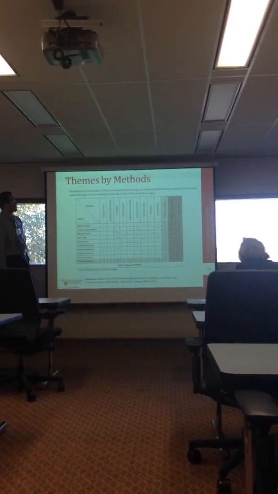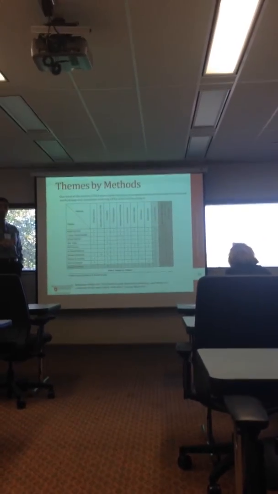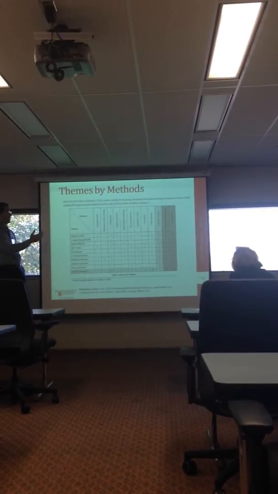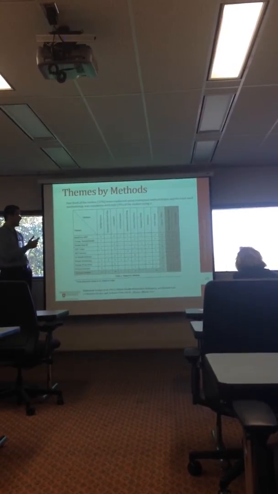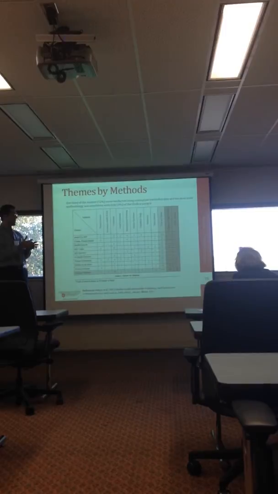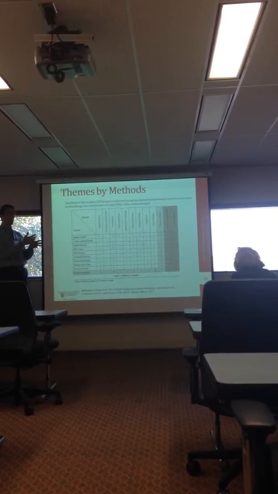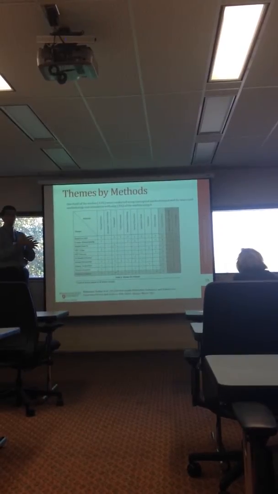This table shows the themes by methods. So what methods are used in what themes? Based on that, future researchers can see what methods can be used in other themes, or whether the number of methods used in one theme is enough for that theme.